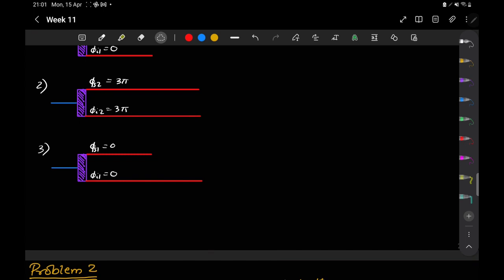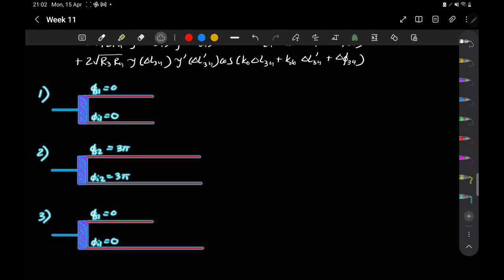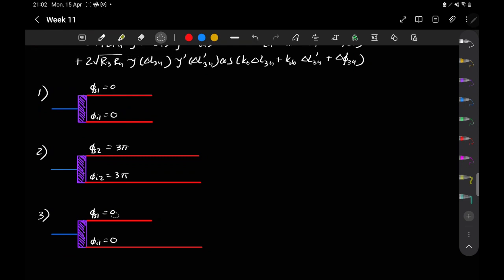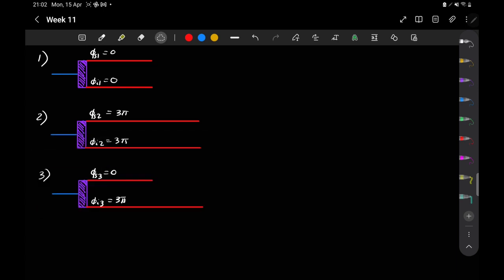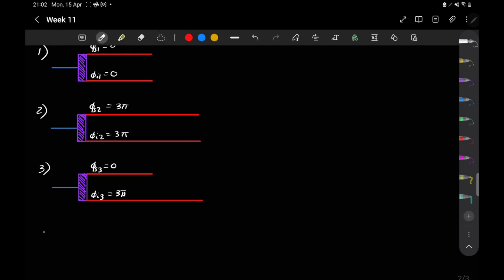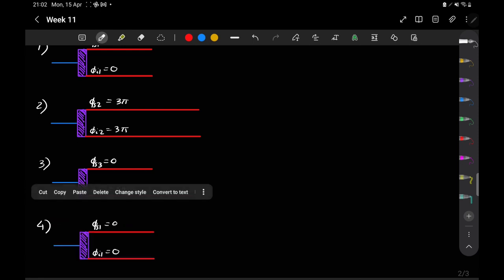And then finally path 4, okay, phases also, this one 0, short path 0, and long path 3 pi. And this one is long short.